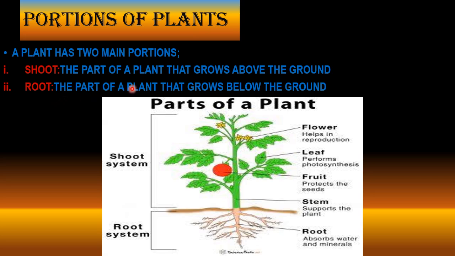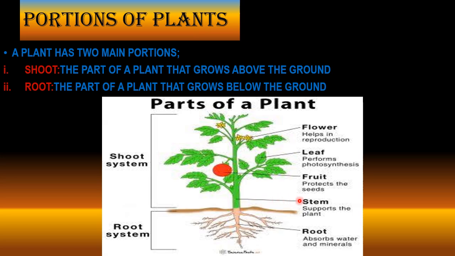The part of a plant that grows below the ground is known as root. Look at the picture. This is ground. So the part of the plant that grows above the ground is known as shoot. The parts of the plant that you can see above the ground are known as shoot.